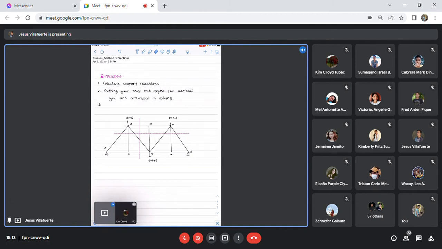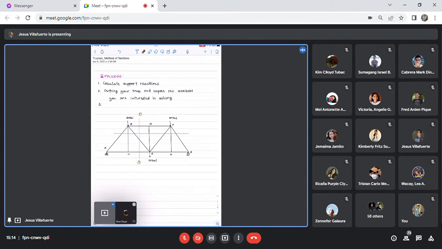Meaning we have three unknowns and three equilibrium equations, so we can easily solve this. If we cut at one section, the unknowns are only BD, BE, and CE.